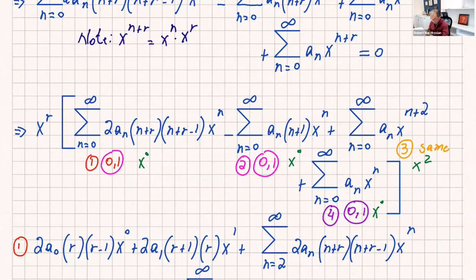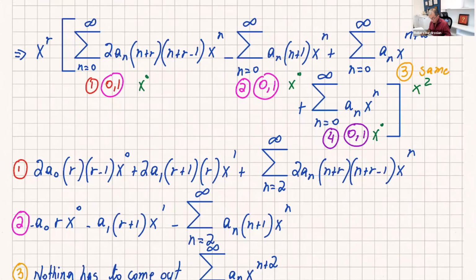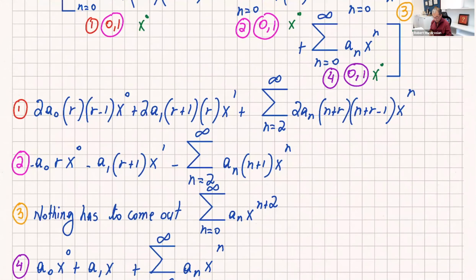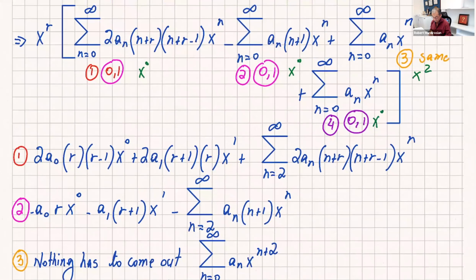If you start with 0, you get x^0, here you get x^0, and here you get x to the second power. So this stays the same, and this one needs 0, 1 to bring that to squared, and this one also needs 0, 1 to bring the power of x to square. So we're going to get some non-power series terms, and I did those separately here. For number 1, first you substitute 0 and then you substitute 1, and you continue the power series with n starting from 2.